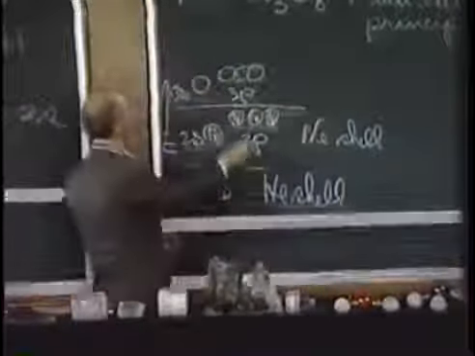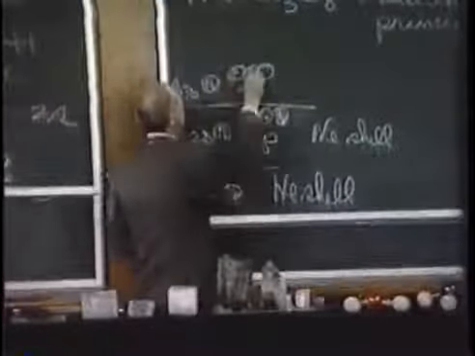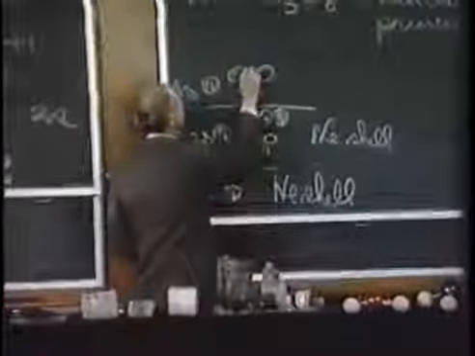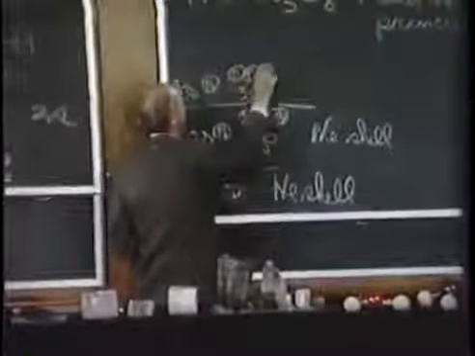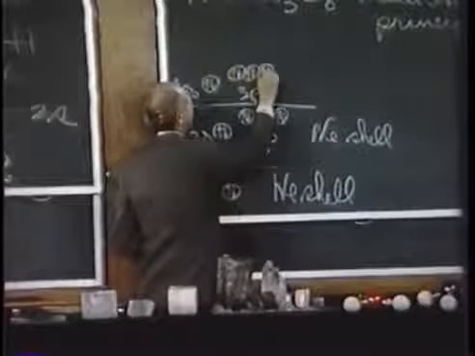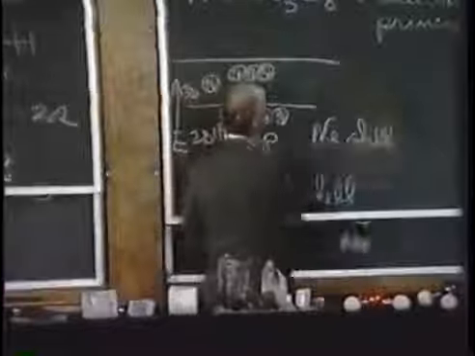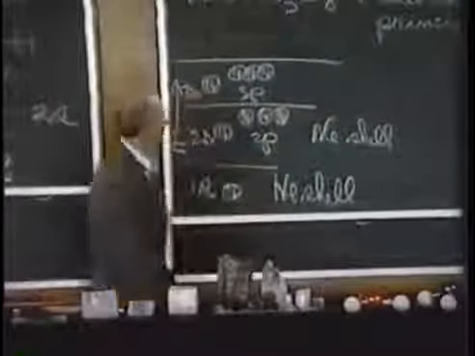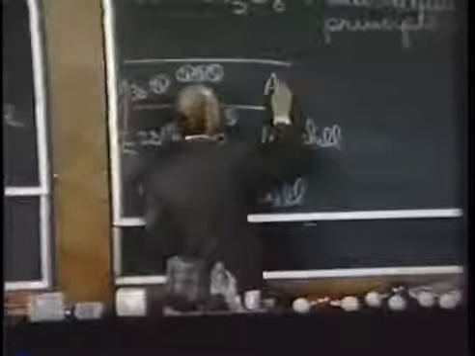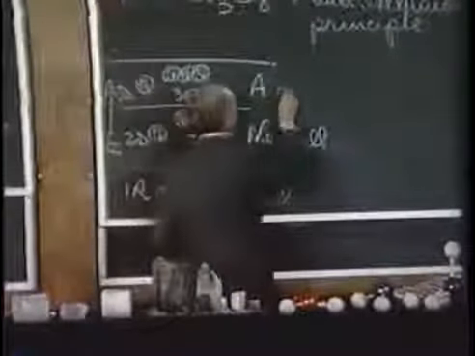The succession of elements here: sodium, magnesium, aluminum, silicon, phosphorus, sulfur, chlorine, argon. This succession of 8 elements brings us up to the noble gas argon, and we can say that this third shell is the argon shell.